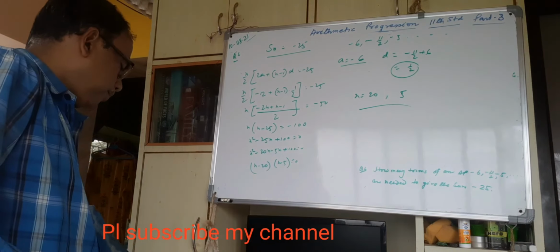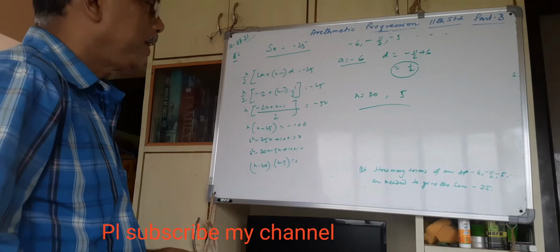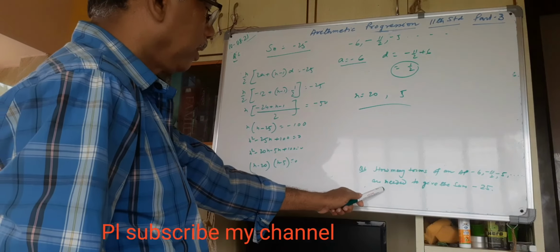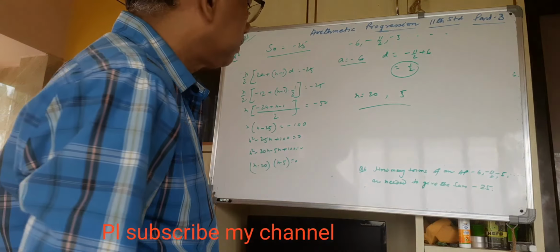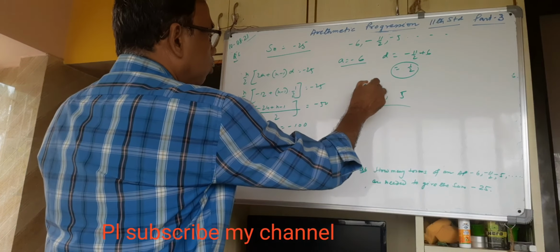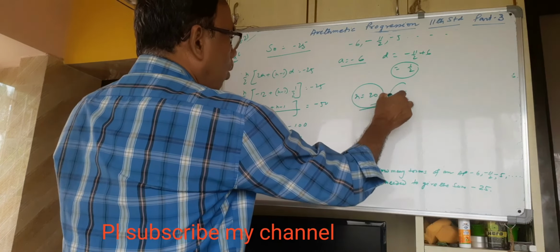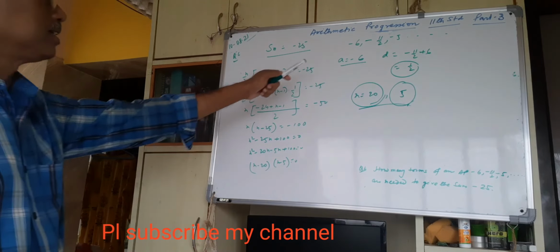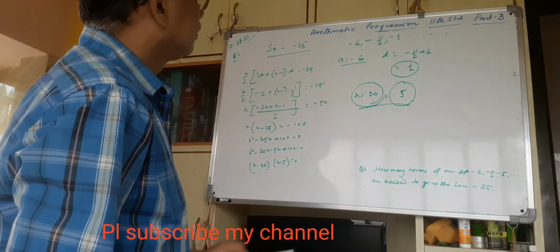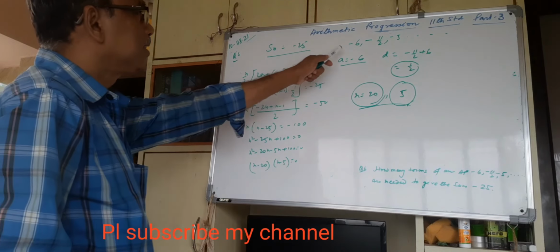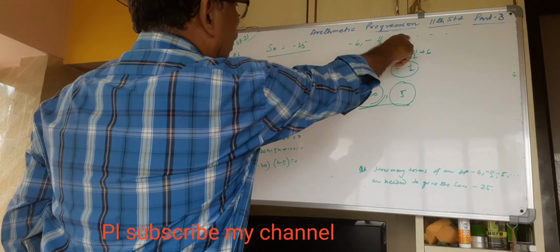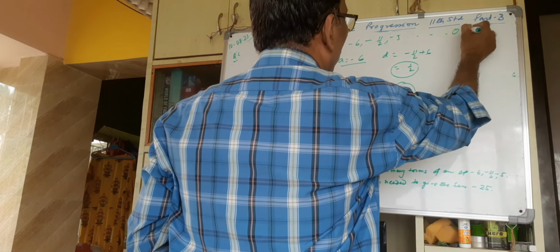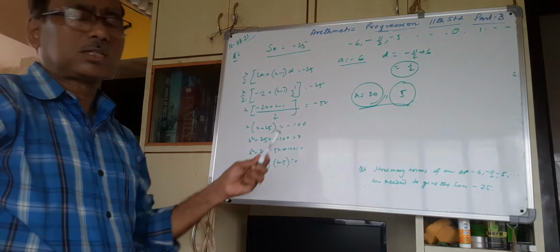So you have to find how many terms are needed to give the sum. Therefore, the number of terms is either 20 or 5. There are two answers because the series is increasing, as it starts from negative, and finally 0 will come and then 1, 2, like this. That's all. Now the 5 sums are done.